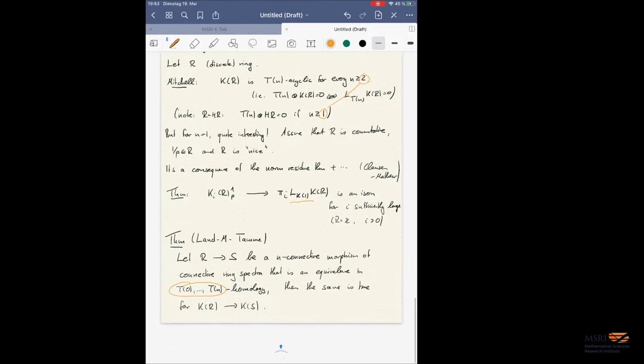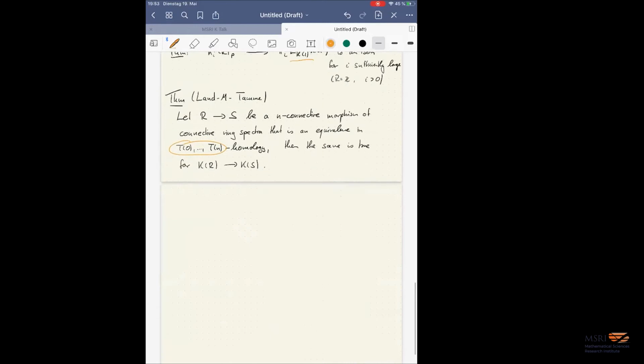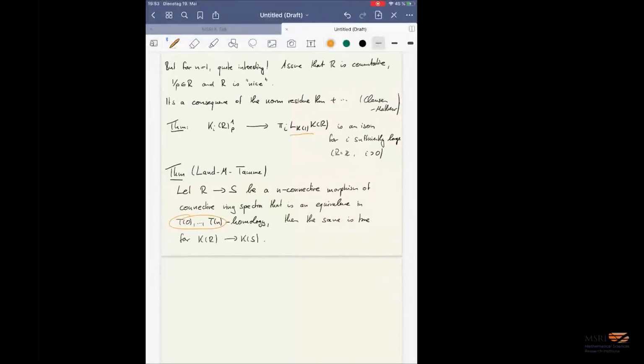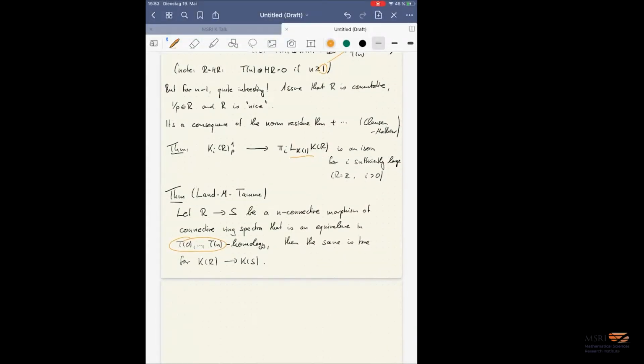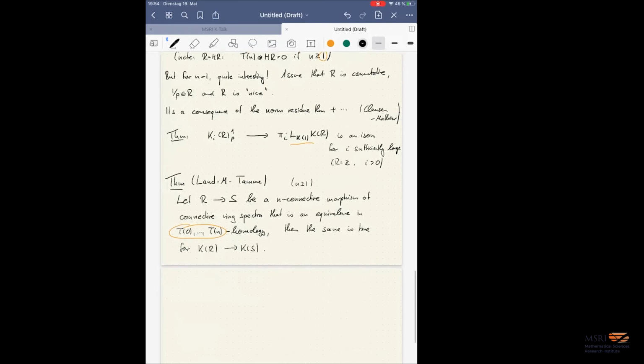Note that if n is 0, it almost reduces to, maybe I should say n should be bigger or equal to 1. If n is 0, T(0) is the same as rational homology, so it's almost the same statement as Waldhausen proved. But to be on the safe side, I say n bigger or equal to 1.